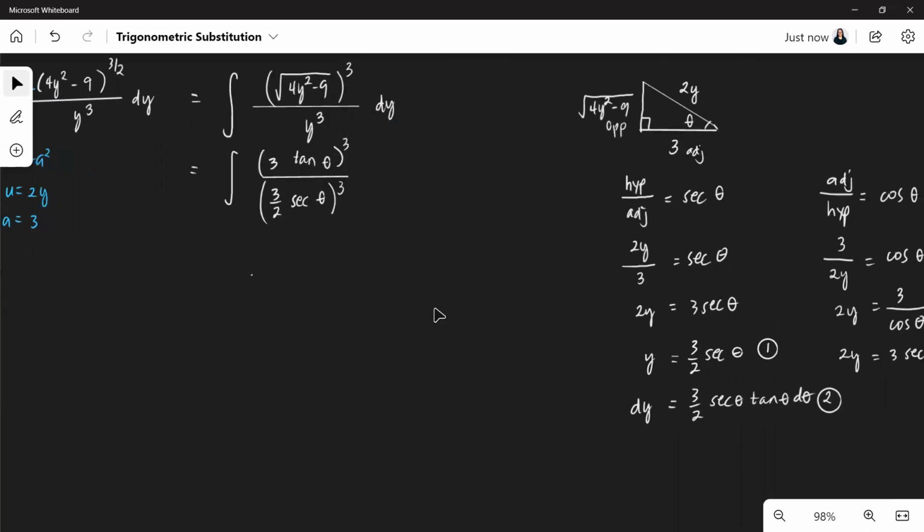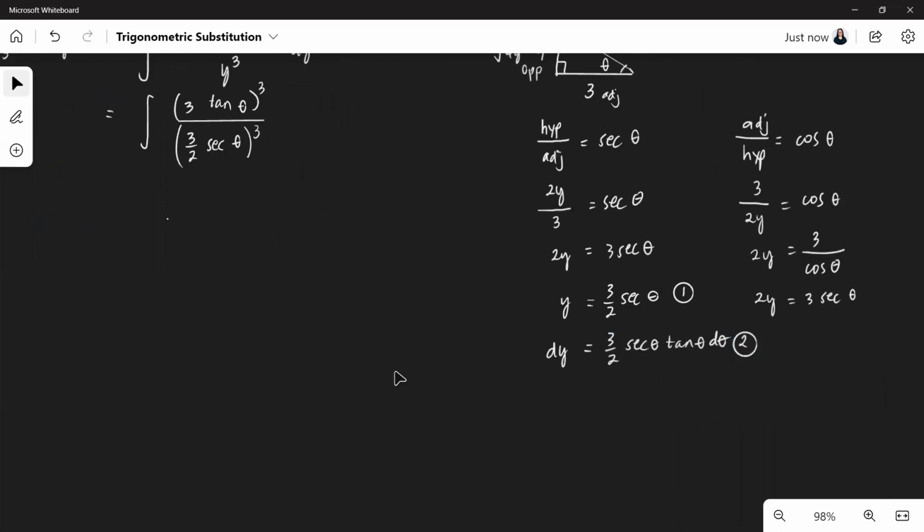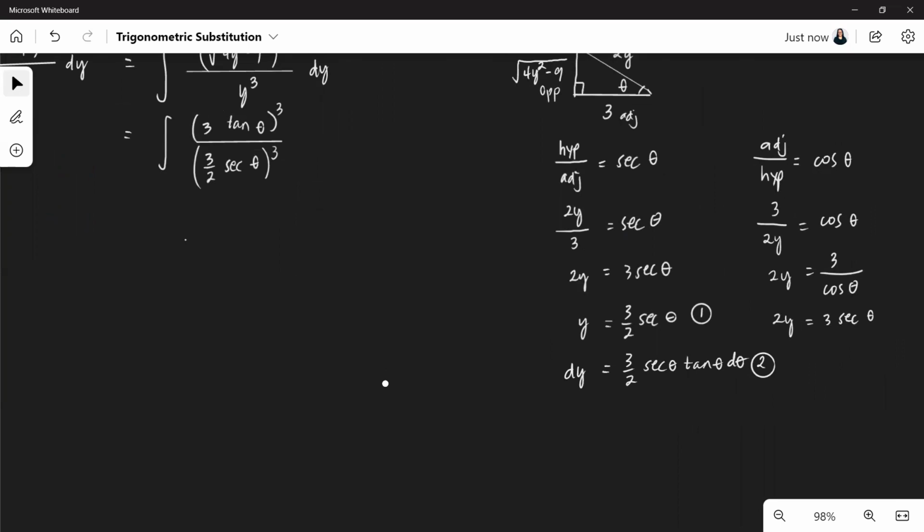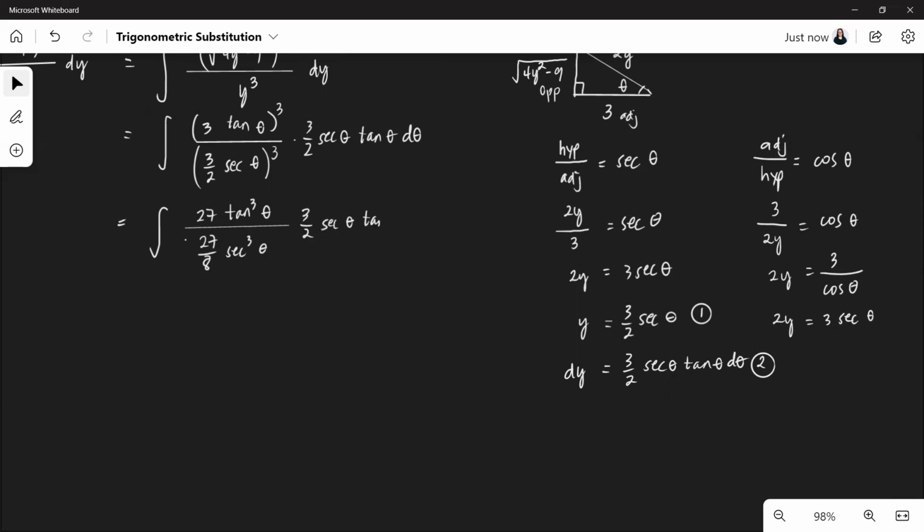So dy from equation number 2 is 3/2 times secant theta tangent theta d theta. So simplifying, we have 27, since 3 cubed is 27, tangent cubed theta, and then all over 27/8 secant cubed theta, and then 3/2 secant theta tangent theta.